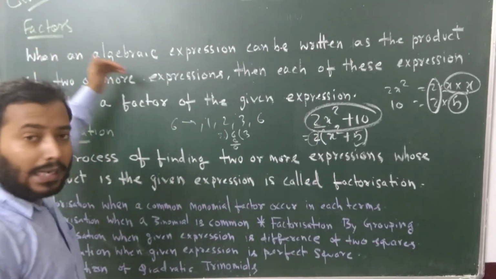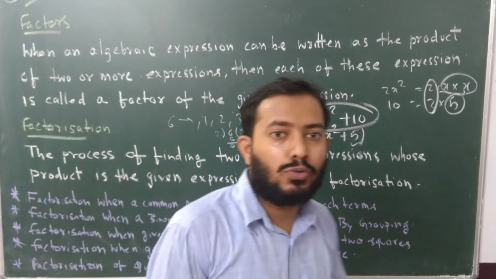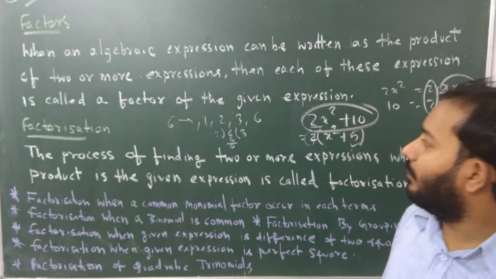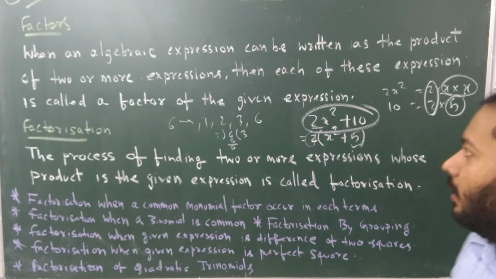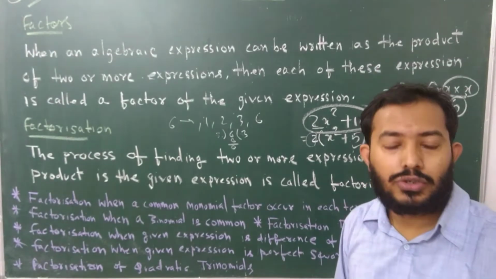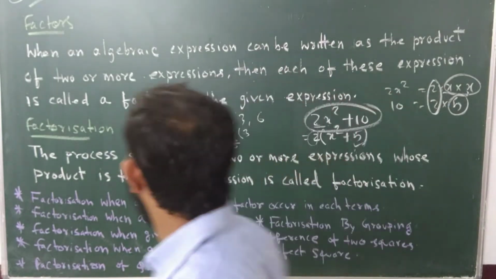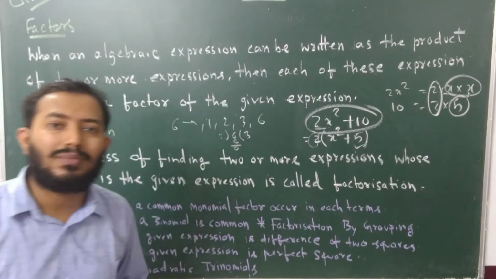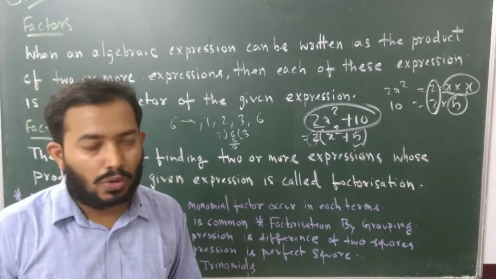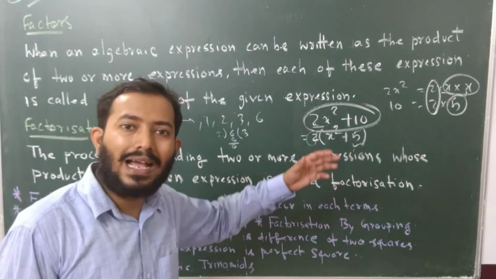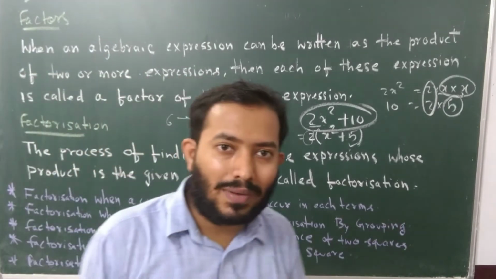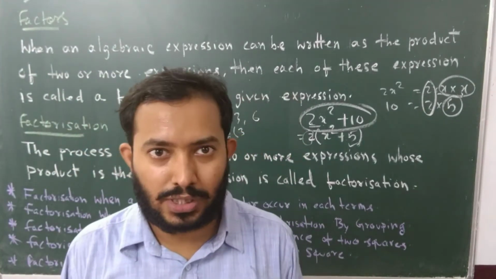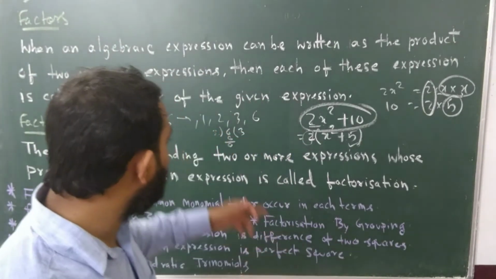Now in an algebraic expression, what are the factors? Here we have the definition: when an algebraic expression can be written as a product of 2 or more expressions, then each term of this product is called a factor of the given expression. In numbers we get numbers only, but now we have expressions, so our answer may be an expression or may be a number.